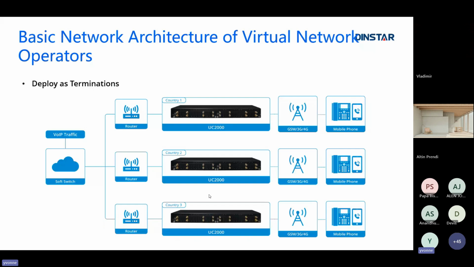And here shows the UC2000 deployed as the termination. Real IP traffic is processed and distributed via a soft switch, and subsequently the traffic is routed through the routers in different countries, country 1, country 2, and country 3, and delivered to the corresponding UC2000 devices in each country.